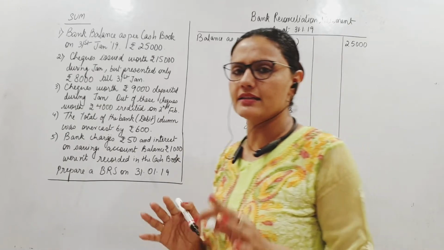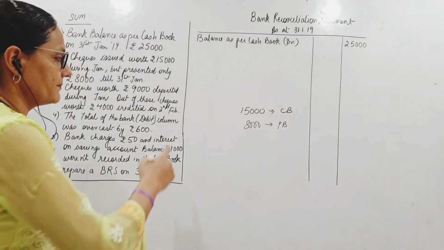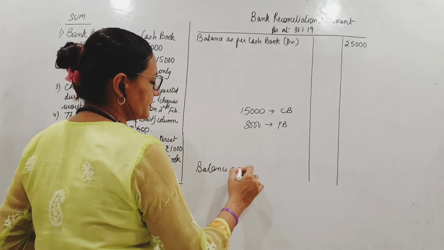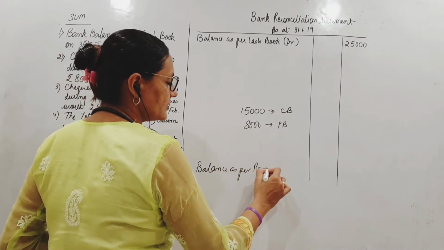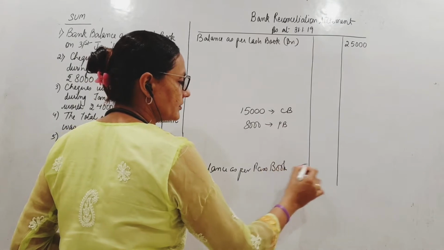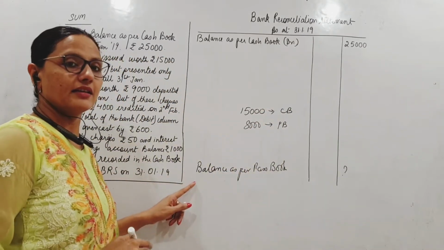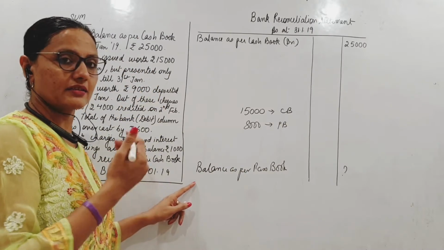So whatever balance we arrive at, I'm writing it here for your sake: balance as per passbook. That is what we are trying to find out here. I don't know if this is less, I will subtract. There's a difference, right?